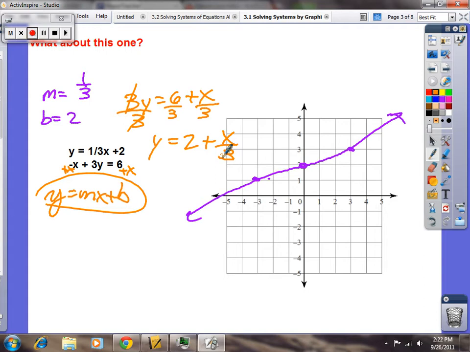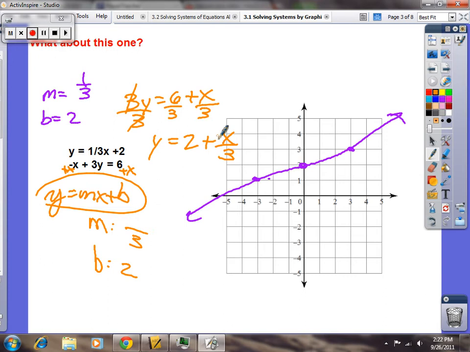Now Brandon, that's how we want it. We want y all by itself. So we had to force it, but it wasn't too much. What's M and B now, Brandon? B is 2. And M is 3, but 3 is on the bottom.